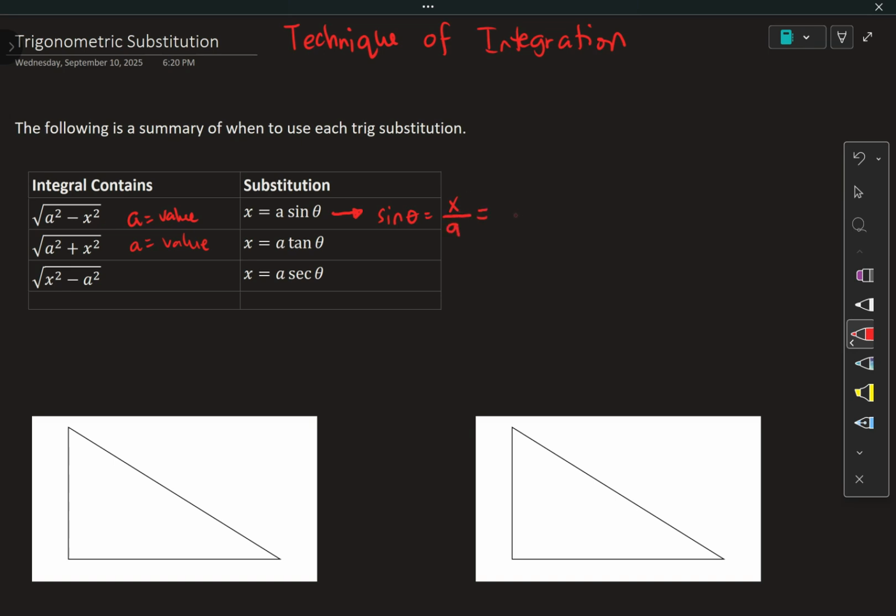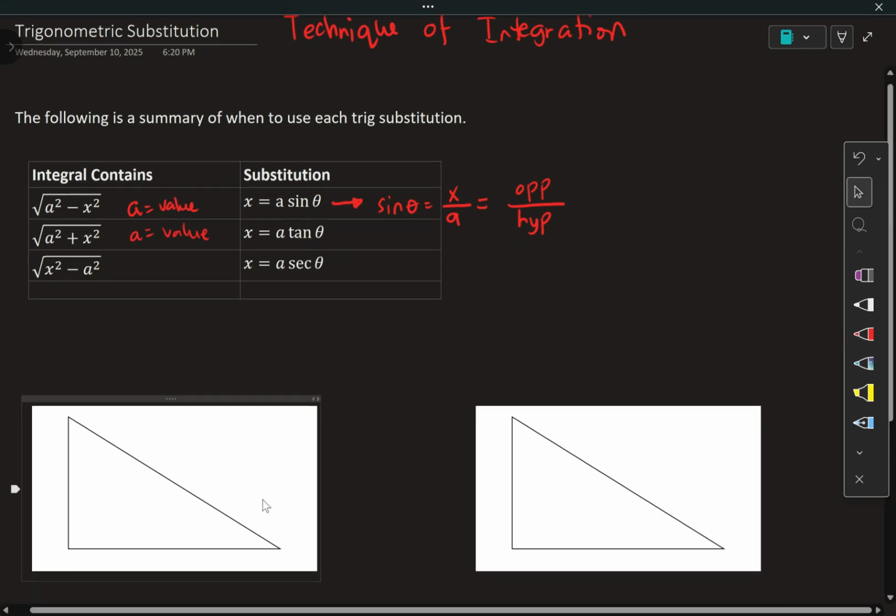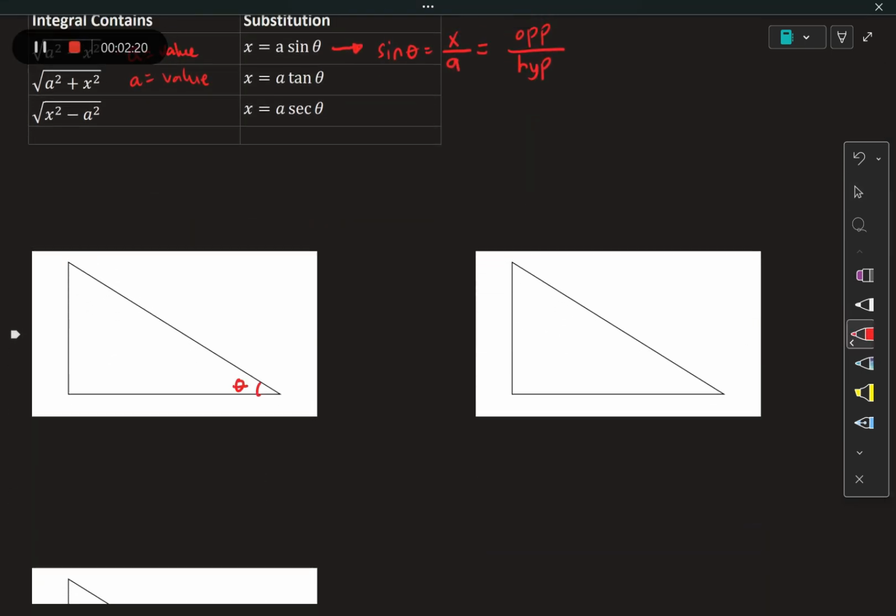With the right triangle concept, we know that sine is equal to opposite over hypotenuse. So in a right triangle, the opposite is x and the hypotenuse is a, therefore the adjacent is the square root of a squared minus x squared. If you have trouble remembering this, you can use this concept.